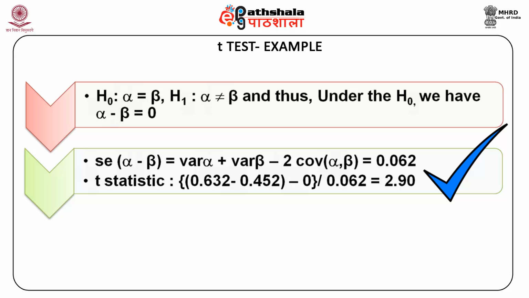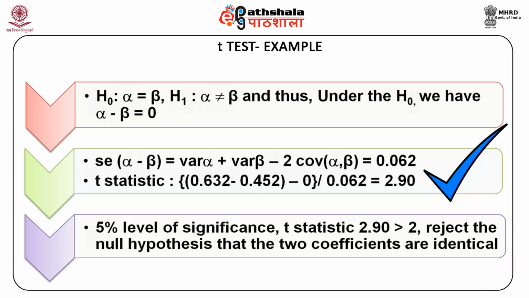The t statistic is (0.632 minus 0.452 minus 0) divided by 0.062, which is equal to 2.90. At 5% level of significance, since the t statistic 2.90 is greater than 2, we say that the results are significant, and hence we reject the null hypothesis that the two coefficients are identical.